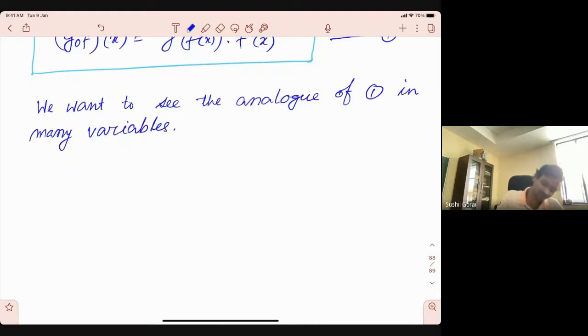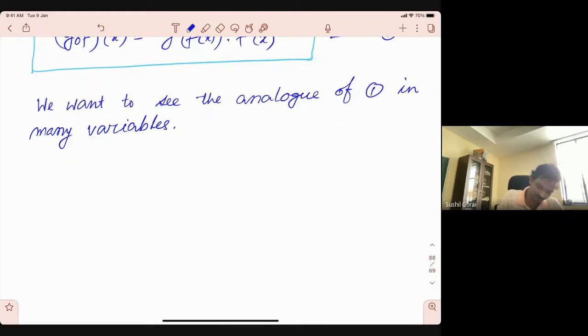So what we need is we assume f is from Rn to Rm. Let me draw the picture. You have Rn to Rm, and then Rk.